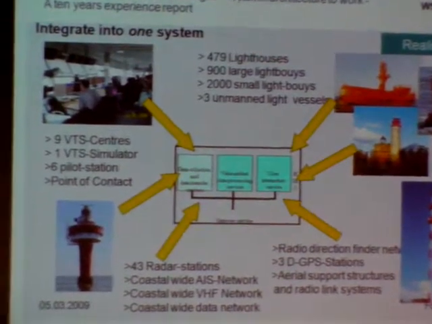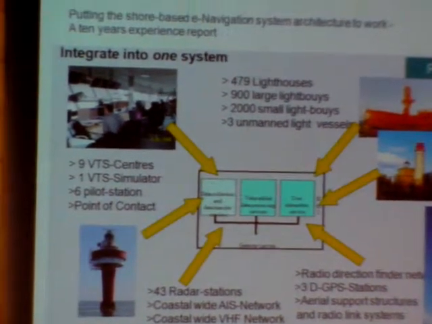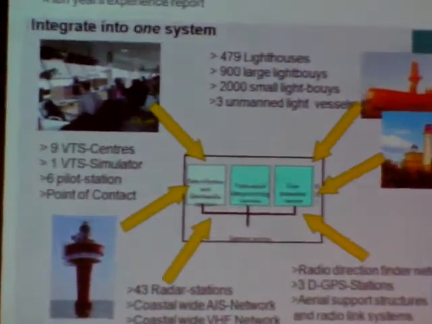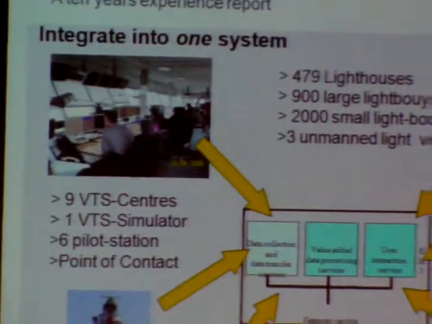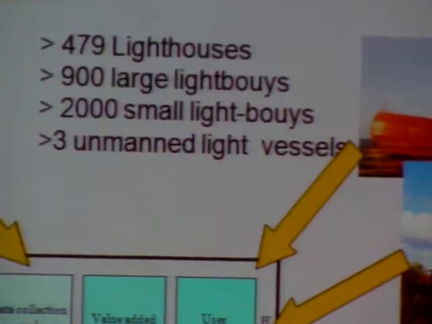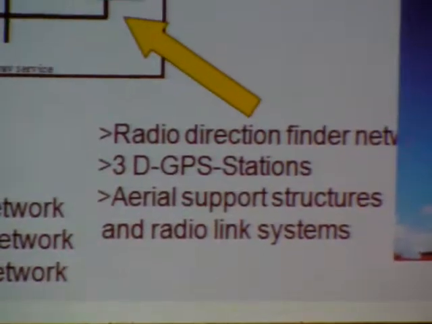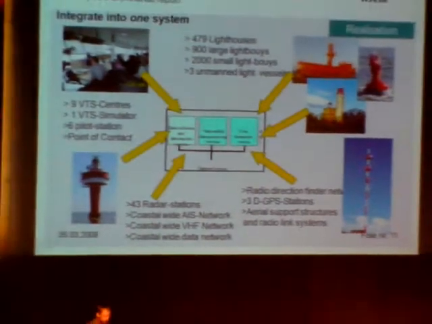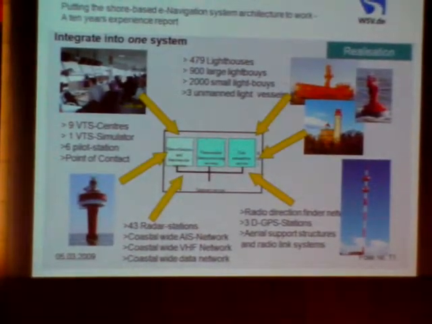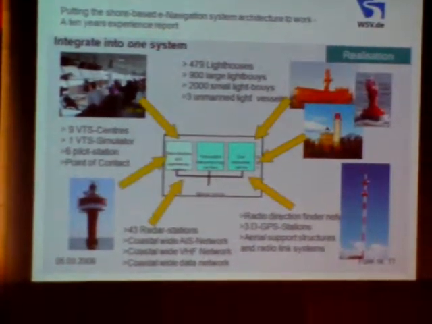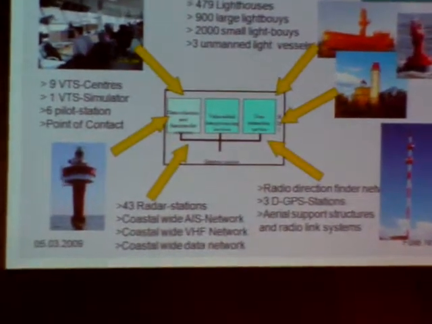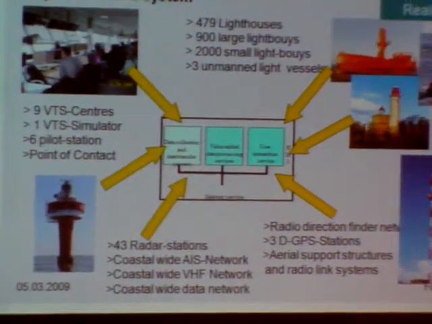To give you an idea what our task was, I have some numbers here, and you see we have 9 VTS centers and a couple of lighthouses and buoys, and also radio direction finders and RF links and data networks and radars. So all these had to be integrated into this one system.